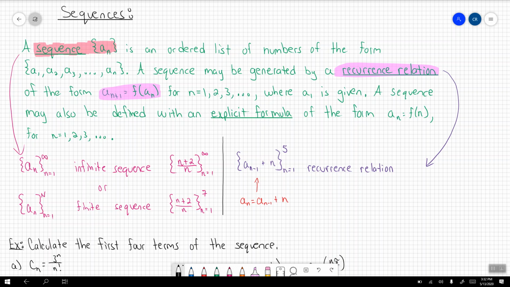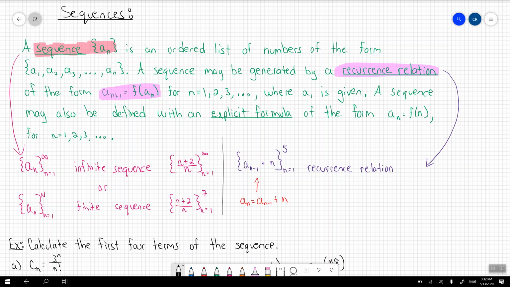Or we can have a finite sequence, which means the sequence will have a stopping point. Here I gave you two quick views of what an infinite sequence and a finite sequence look like. Again, the only difference is where the stopping point is.